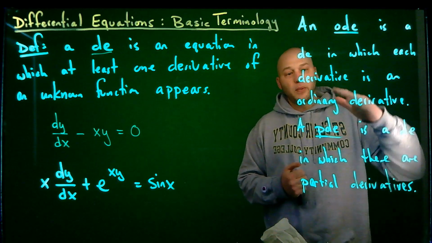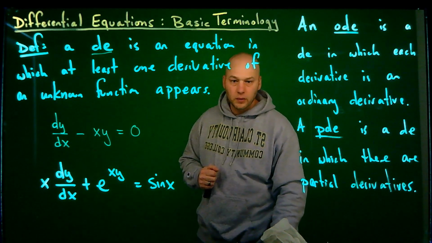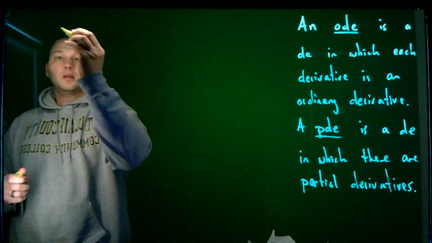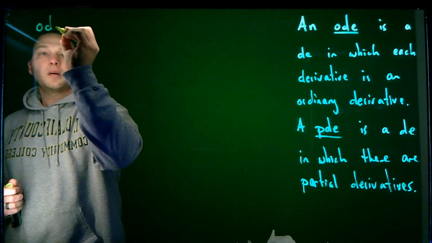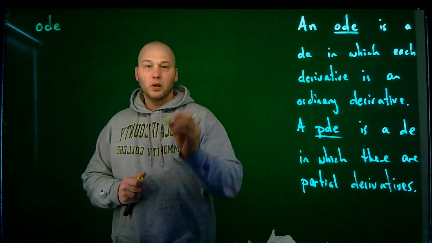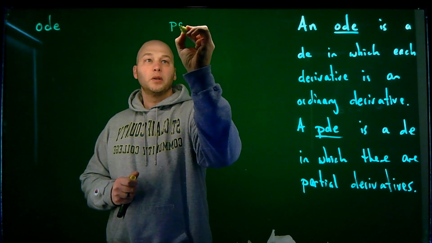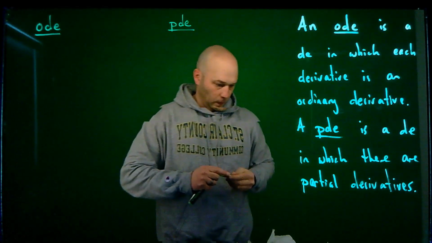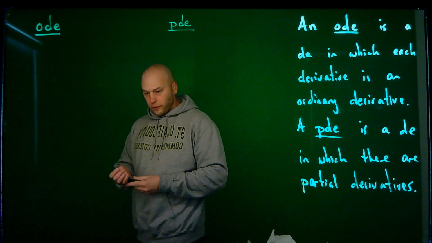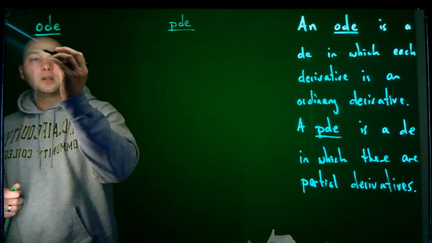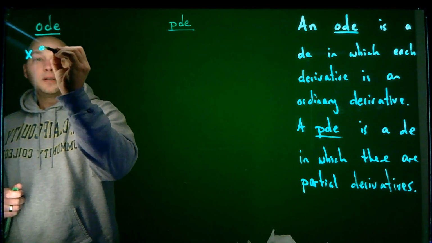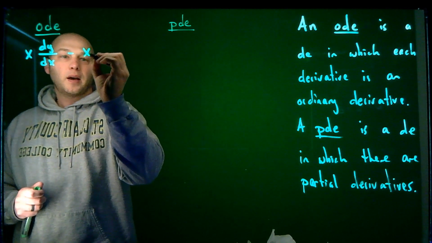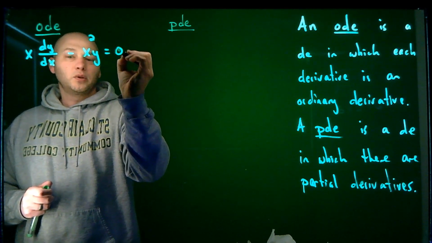Let's take a look at some examples of both ODEs and PDEs. Let's make a list here of some simple ordinary differential equations and some partial differential equations. For example, an ordinary differential equation could look like x dy dx minus x squared y is equal to 0.